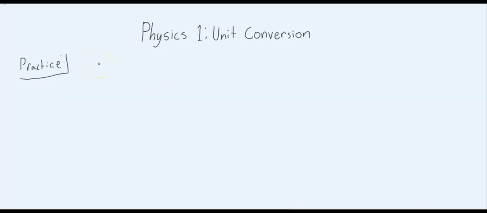So now for our last problem, let's actually do an imperial to metric conversion. Let's say you have 20 pounds, and you're looking to convert this value to kilograms. What would your answer be? Well, we know that 1 pound equates to 0.4536 kilograms.